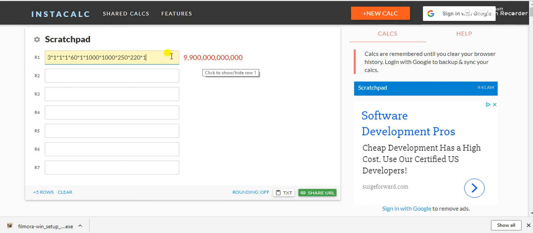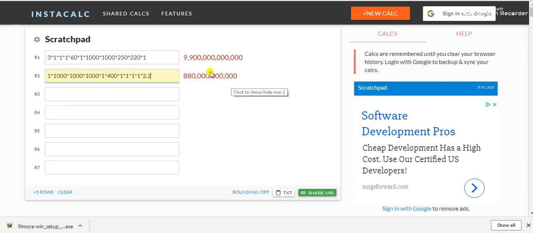And then we are going to multiply the bottom. 1 times 1,000 times 1,000 times 1,000 times 1 times 400 times 1 times 1 times 1 times 1 times 2.2. That gives us this number, 880,000,000,000,000.